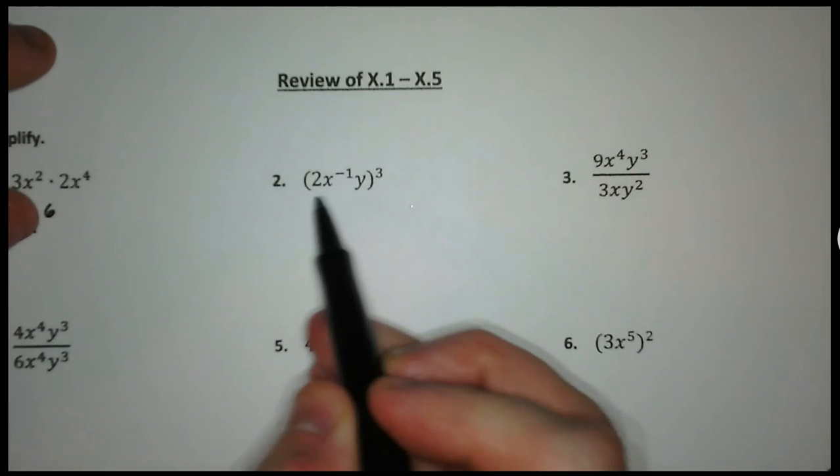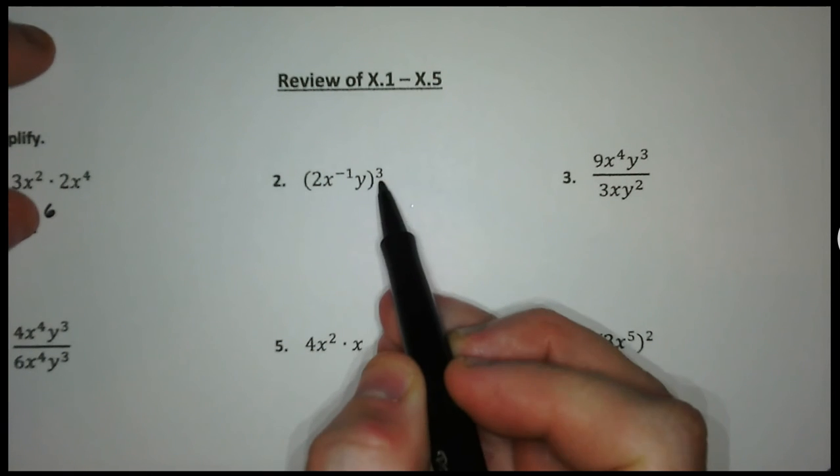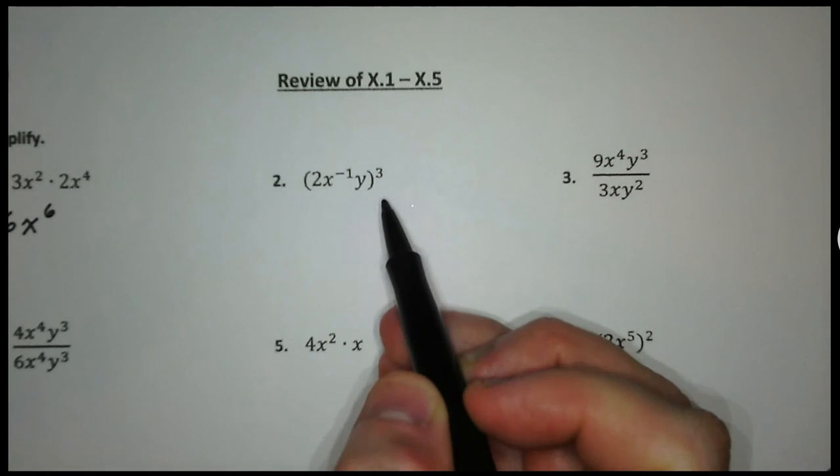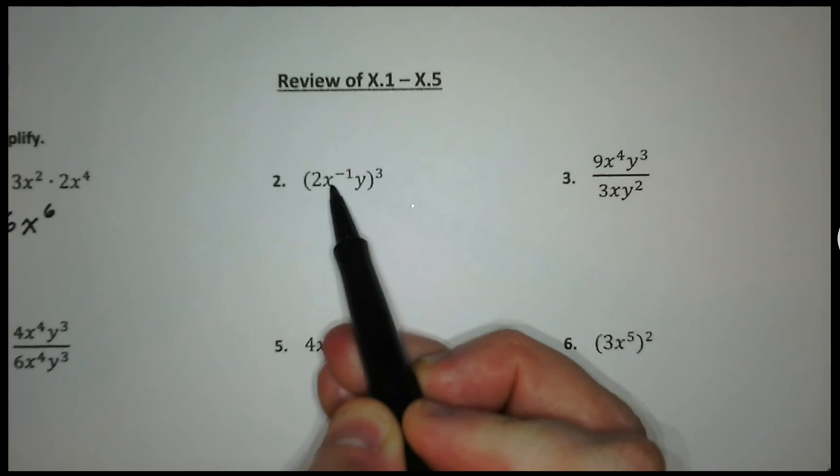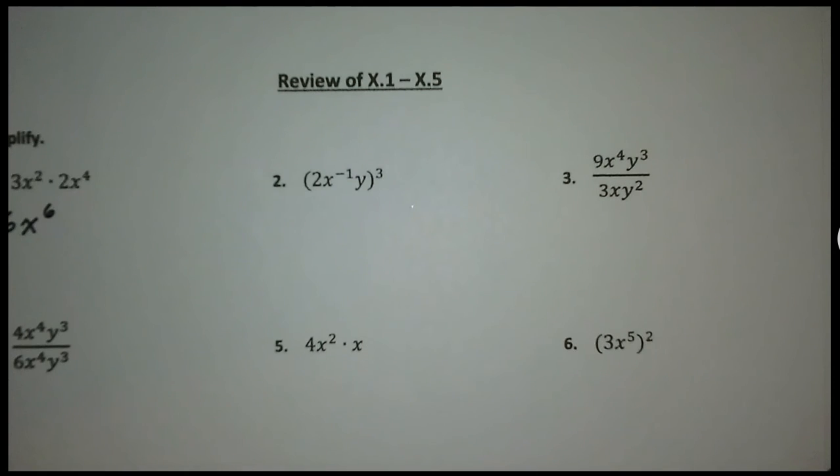Number 2, when you're raising all of this to the third power, that whole bubble to the third power, you're going to raise everything in here, all the little factors in here, to the third power. And one of the things you've got to remember is when you are raising something to a power that already has a power, in other words, you're raising a power to a power, that's where you multiply the exponents.